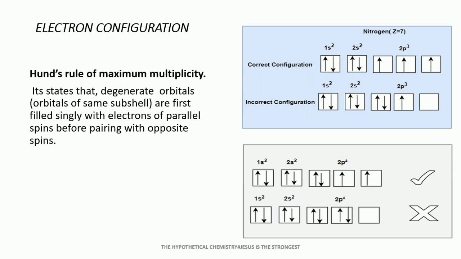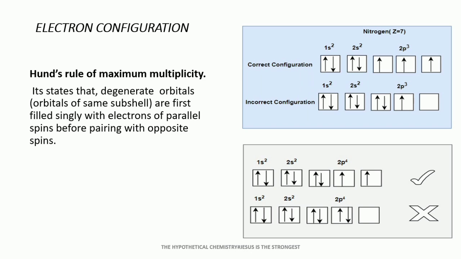So Hund's rule, for short, or Hund's rule of maximum multiplicity, states that degenerate orbitals, that is orbitals of the same subshell, are first filled singly with electrons of parallel spin before pairing in the opposite direction, or pairing with opposite spin. This will bring us to the end of today's lesson.